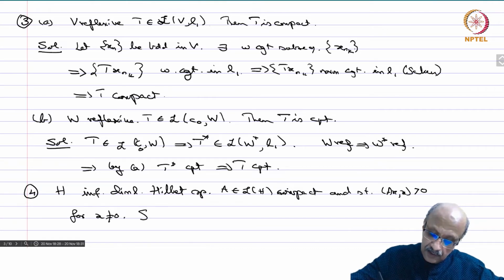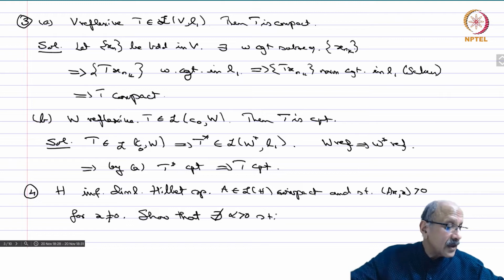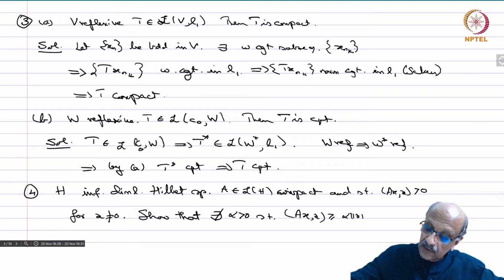Show that there does not exist alpha positive such that (Ax,x) is greater than or equal to alpha times norm x squared for all x in H.